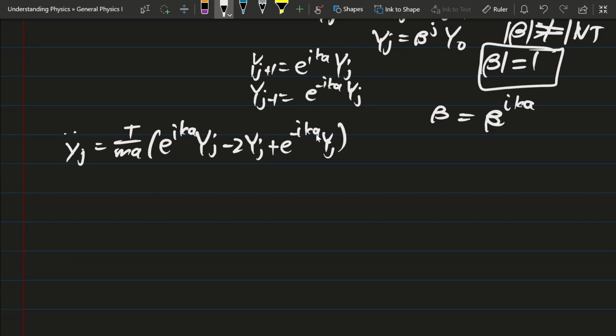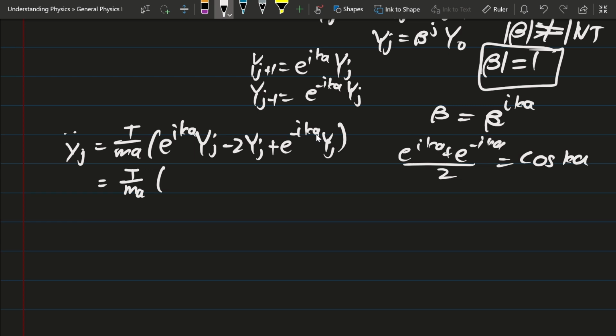So you would later obtain this to be T over ma, e to the power of i k a plus e to the power of negative i k a over 2, which is guaranteed to be cosine ka, which comes from the imaginary parts canceling each other out and the real parts adding.